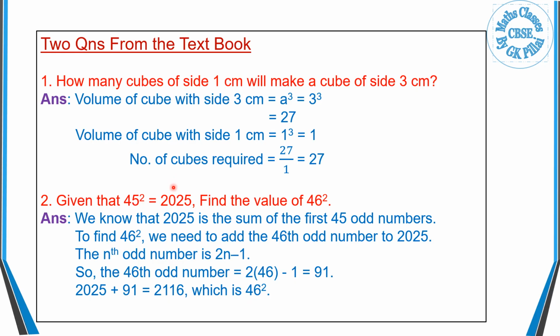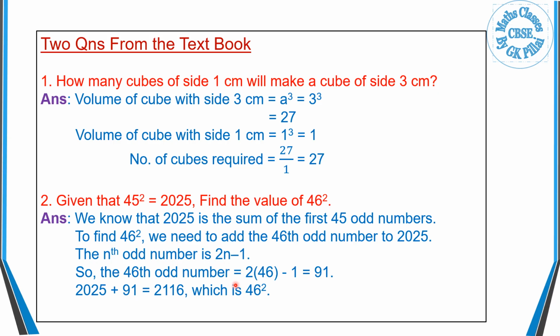Let me explain you once again. 45 squared is 2025. You have to find the value of 46 squared. We know that 2025 is the sum of the first 45 odd numbers. And for finding 46 squared, we will find the 46th odd number and add it to this. The nth odd number will be 2n minus 1.